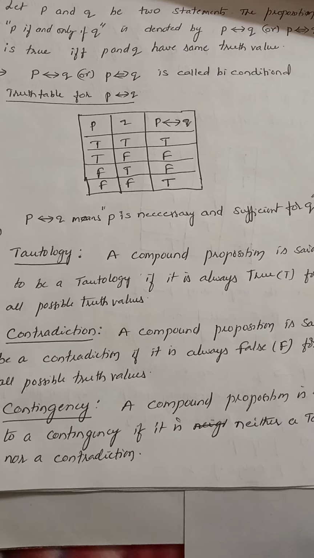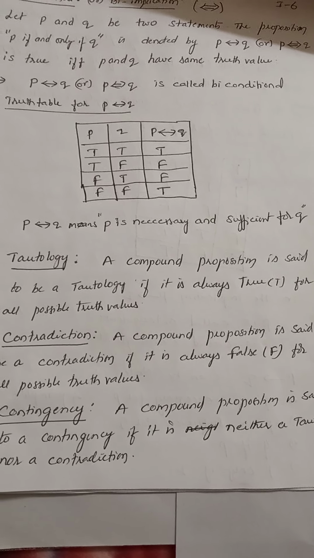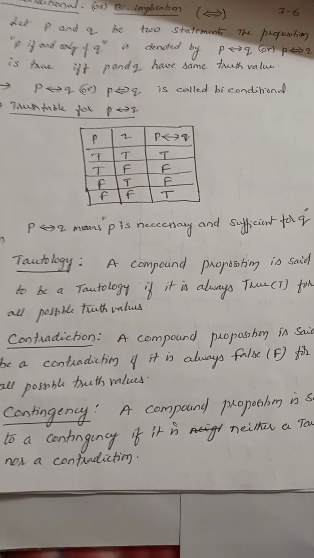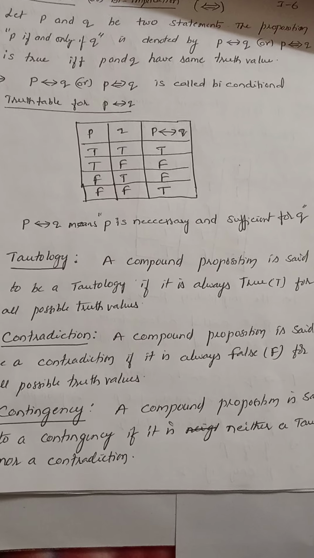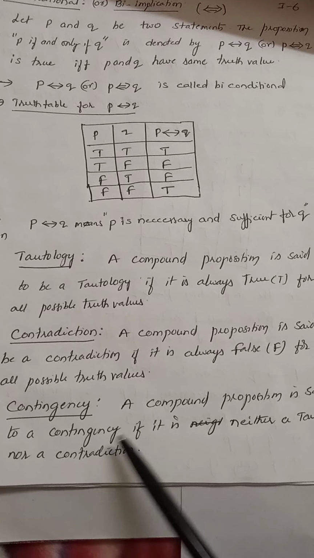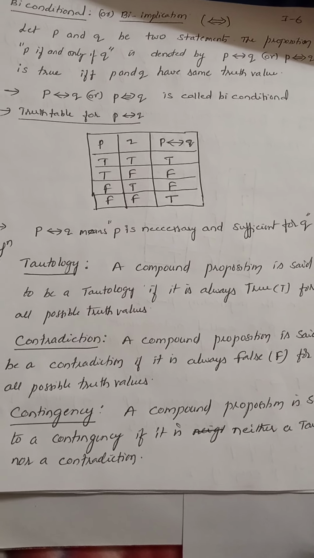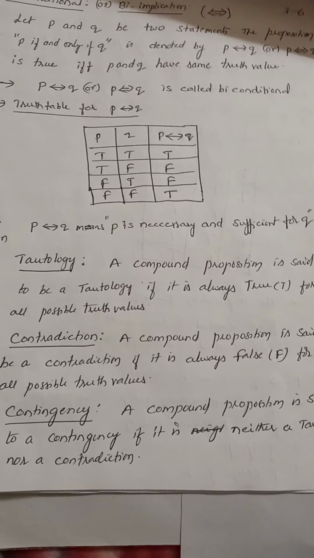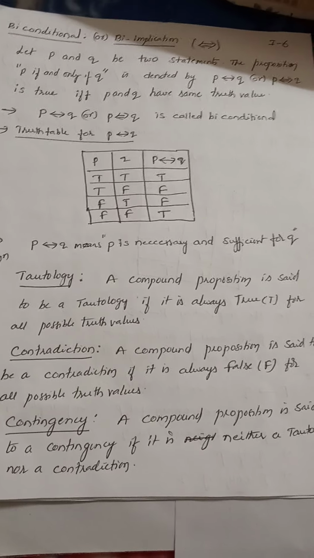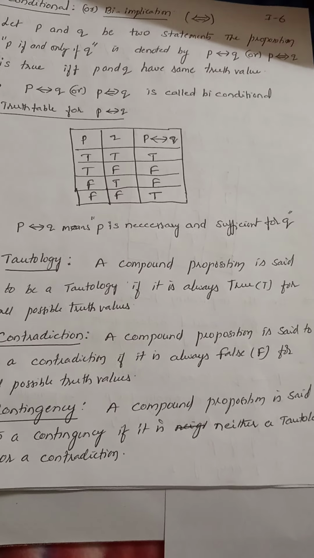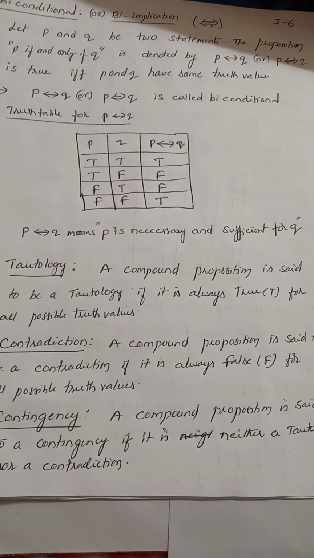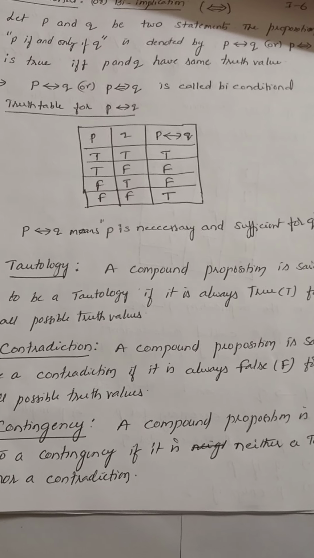A compound proposition or statement is said to be a contingency if it is neither a tautology nor a contradiction. That means the last column of the truth table contains some truths and some falses. That propositional function is said to be a contingency.